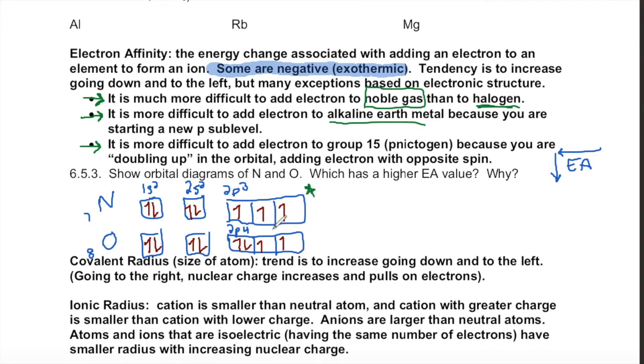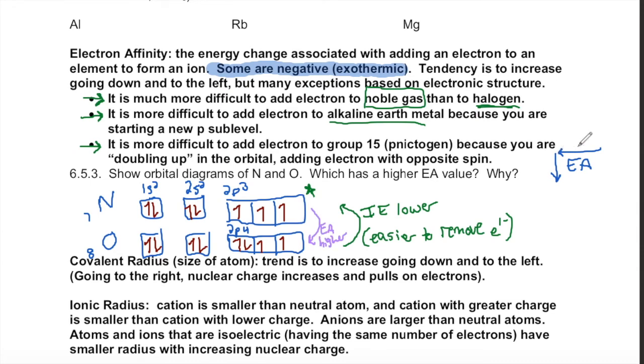And so we commented how this half-filled p orbital is a little bit extra stable, which is why the ionization energy of oxygen is lower when you would expect it to be higher, because it's easier to remove an electron and get to this favorable half-filled situation. And along the same vein, adding an electron to mess up this favorable half-filled situation is a little bit harder.